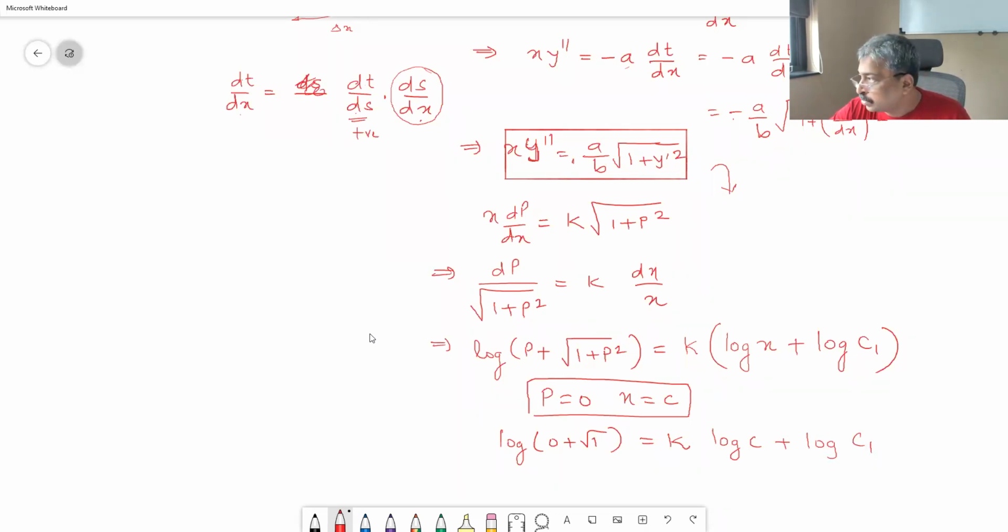Is that right? Whatever I am doing. So log of 1 is 0. Therefore, log c1 is equal to minus k log c, which makes c1 equal to 1 over c to the k.